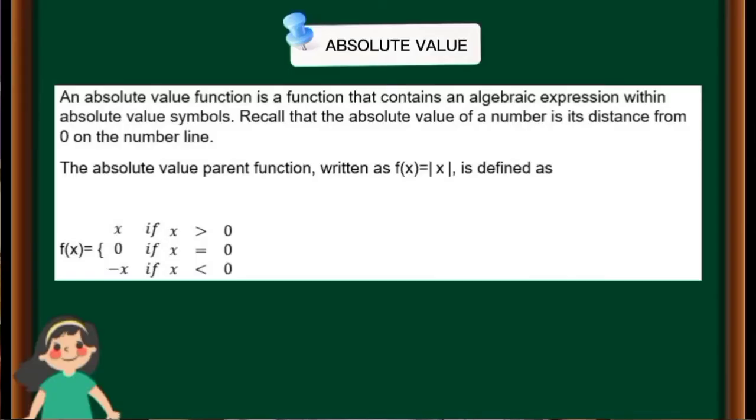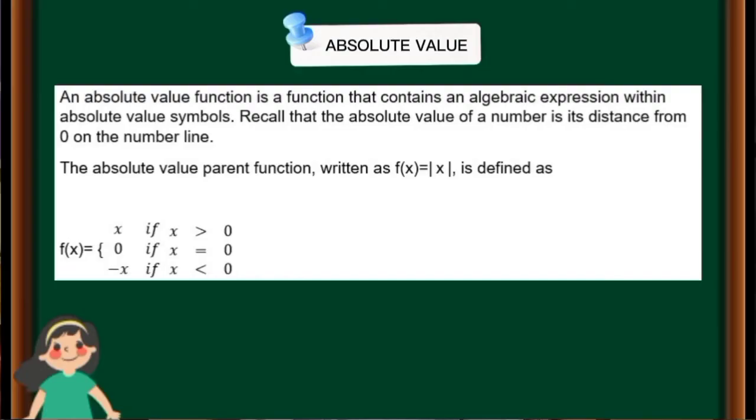The seventh basic type of function is the absolute value function. It is a function that contains an algebraic expression within absolute value symbols. Recall that the absolute value of a number is its distance from 0 on the number line.